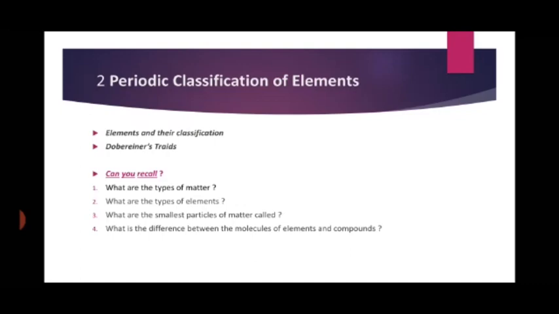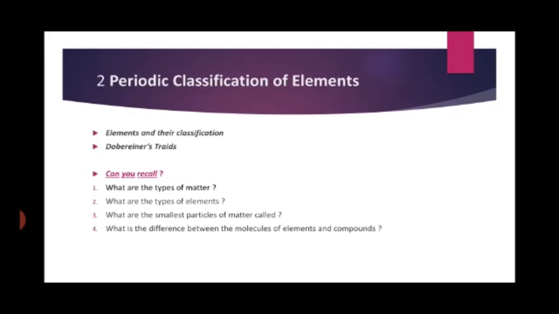And in the molecule of a compound, the atoms are of different kinds, meaning they are made up of two or more elements. Second point, molecules of elements are found in a free state as well as a combined state, but molecules of a compound are found only in a combined state.